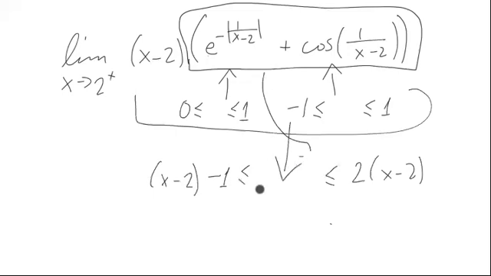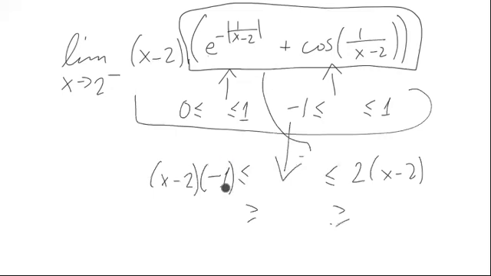When x minus 2 is positive, the inequality is preserved because we multiplied by a positive. If x minus 2 happened to be negative, if we were dealing with a left-handed limit, then the inequalities would be reversed. But whatever the case may be, this whole expression is in between these guys right here.